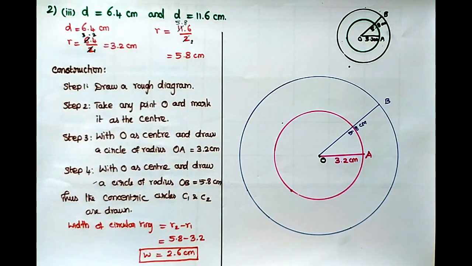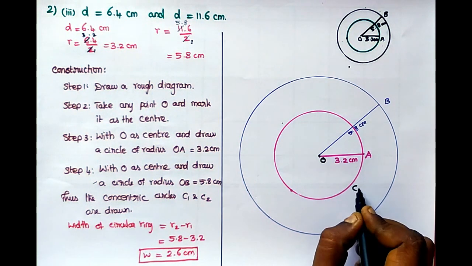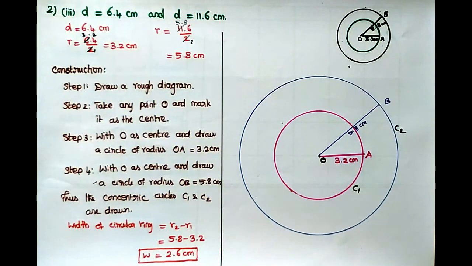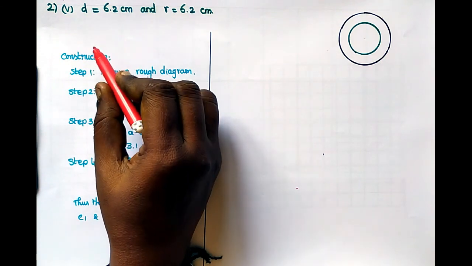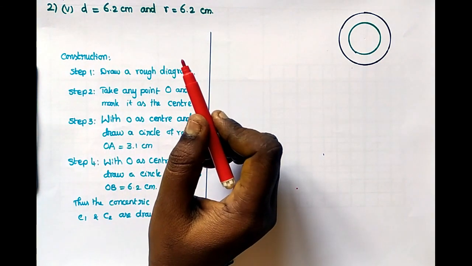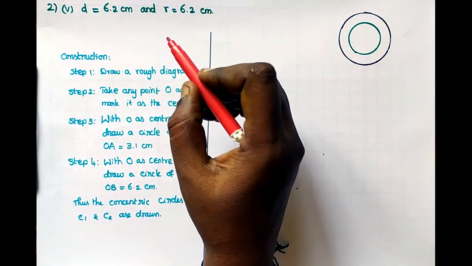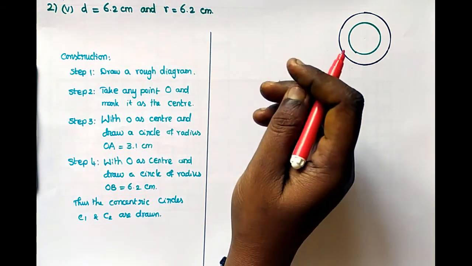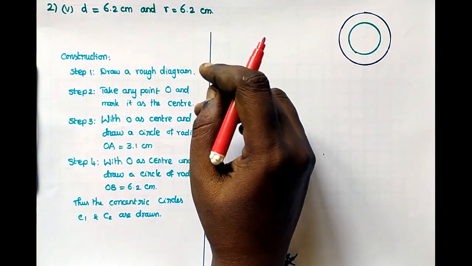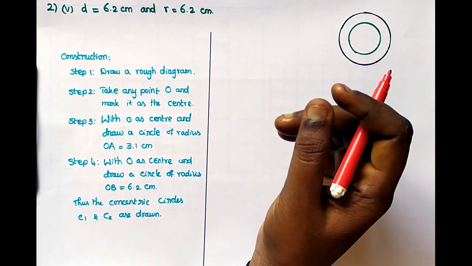That is the answer. Now it is circle 1 and circle 2. Now second sum, fifth subdivision, and in the textbook fourth sum and sixth sum are like this only. So we have to follow the same procedure and draw the concentric circles.